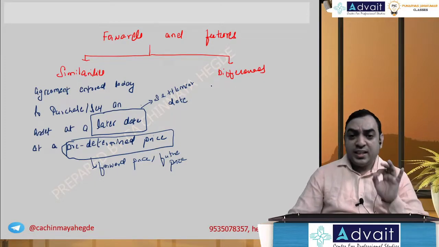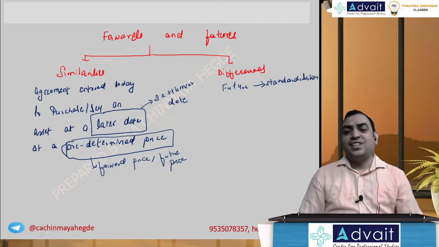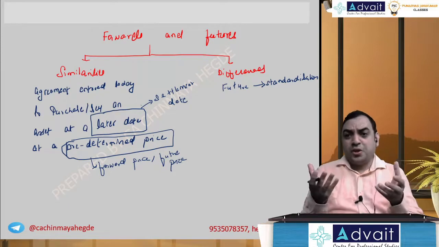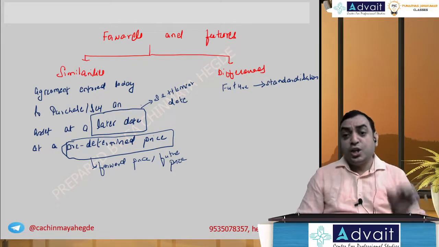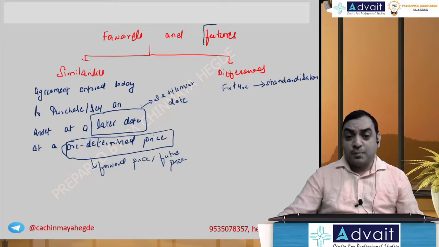Now, what is the difference? The difference is that futures have some standardizations. Why? Because a forward contract is an over-the-counter contract written between two parties, whereas a future is traded in the stock market.